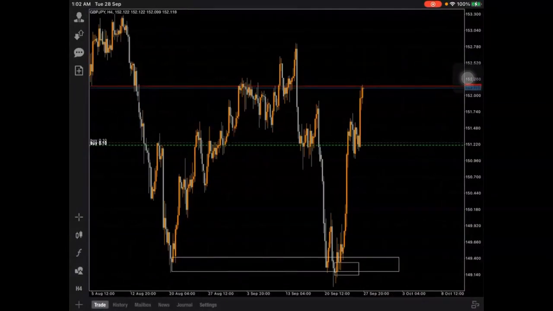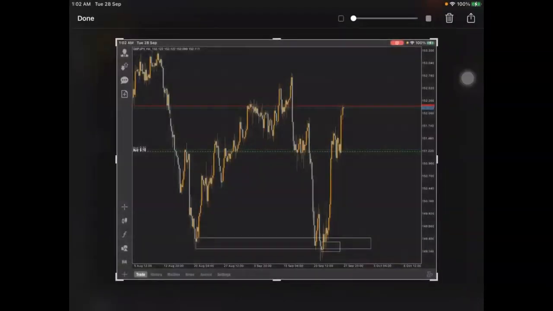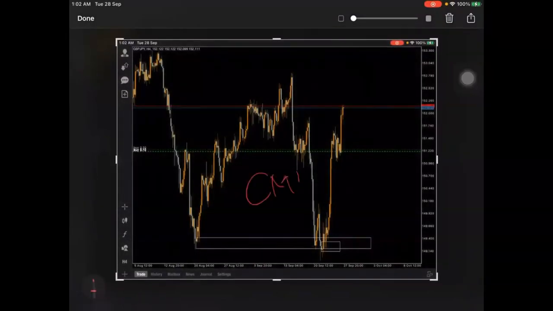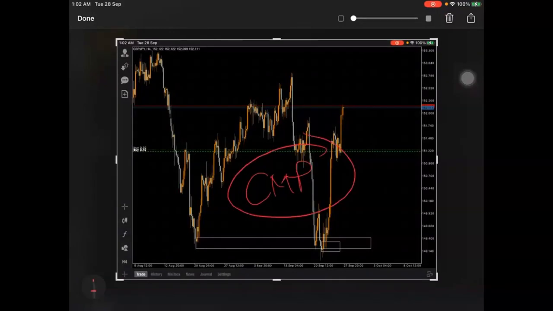When you see this kind of structure, you have to be more alert. But the most important thing is, what do you focus on? Focus on CMP, current market price. If current market price never forms engulfing, or it comes with momentum, most likely the zone is going to be broken. So don't entry that kind of setup. When price comes into the zone, it has to go sideways. That's all. Thank you.